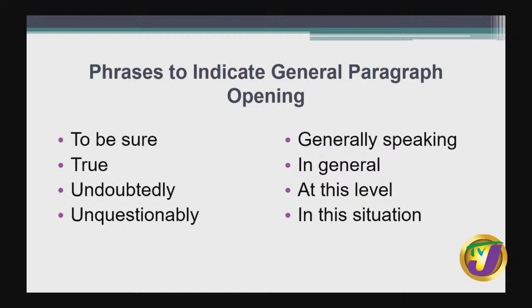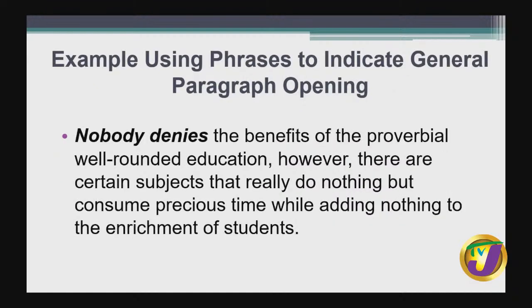So, here are some more phrases you can use to open a paragraph in a general way. To be sure, true, undoubtedly, questionably, generally speaking, in general, at this level, in this situation. Now think of those carefully.